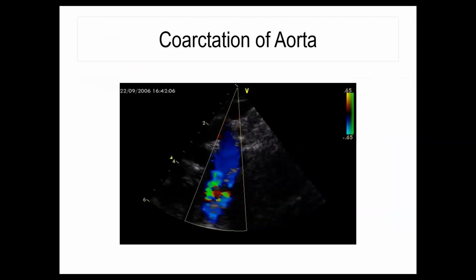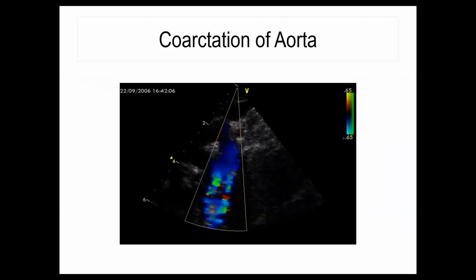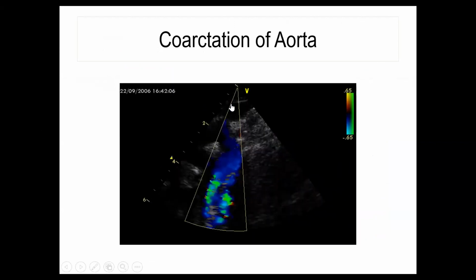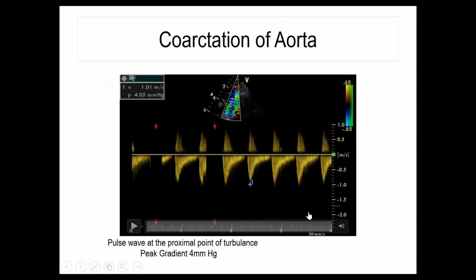This is the same picture of a coarctation of aorta. And how do we look at it? We place a pulse wave sample volume prior to the coarctation, we keep it over here. So that will give us a pre-coarctation pressure gradient, which is almost 4 millimeters of mercury.